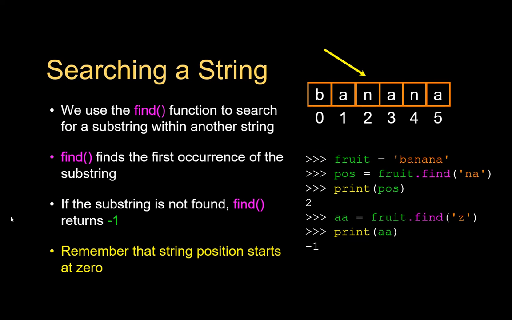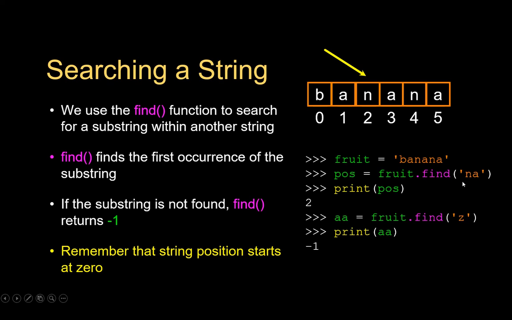Okay, so the other method that we can use is find on the string. Here we assign our string to the variable fruit, and we say fruit dot find, and in the parentheses we have the string NA.